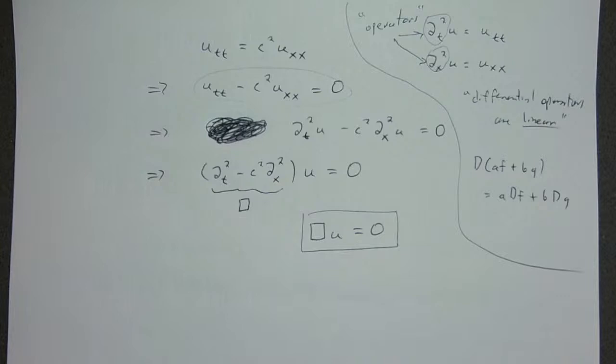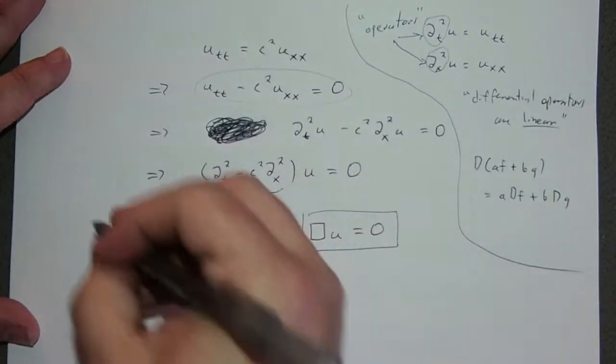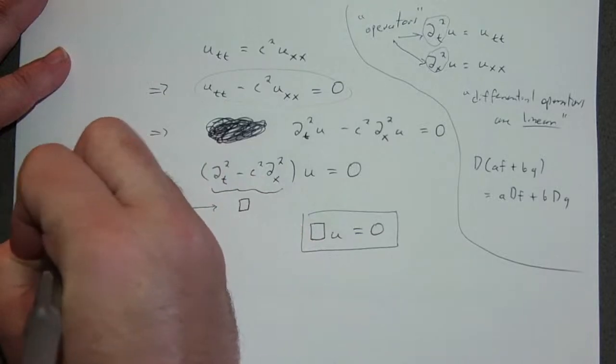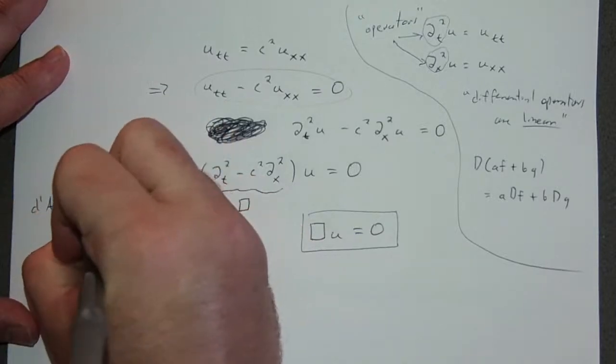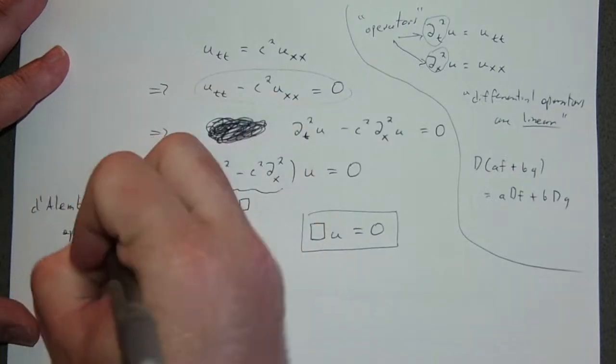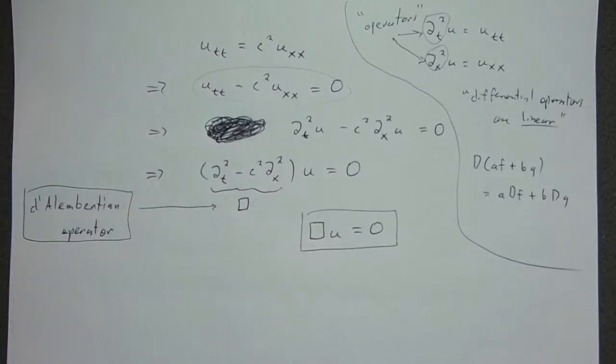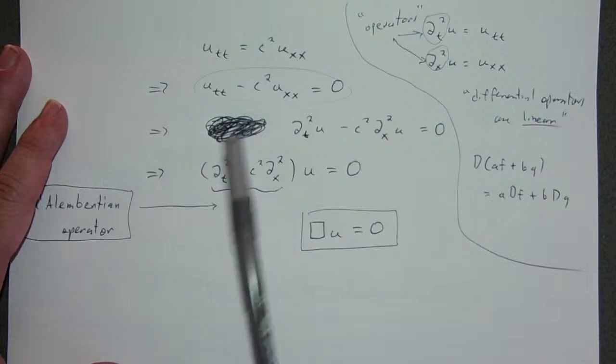Now, why would I want to do this? This is often called the D'Alembert operator. We'll see D'Alembert's name again, I promise. The reason for rewriting this is because now let's pretend that we're way back in middle school or high school, and we're looking at an expression like this.